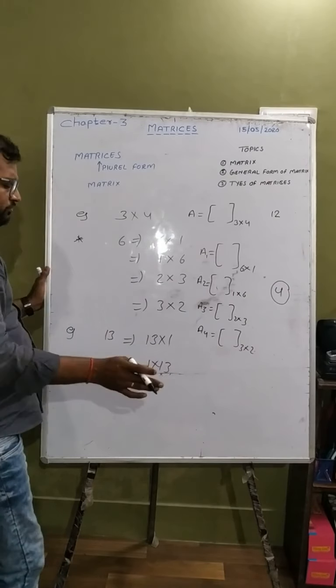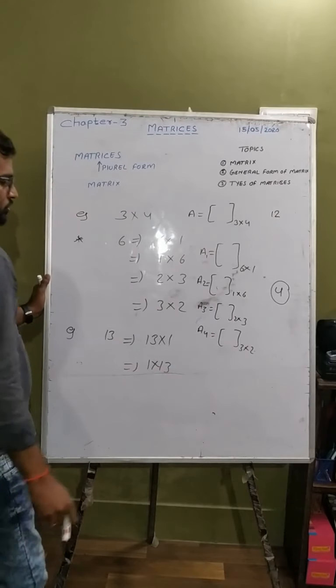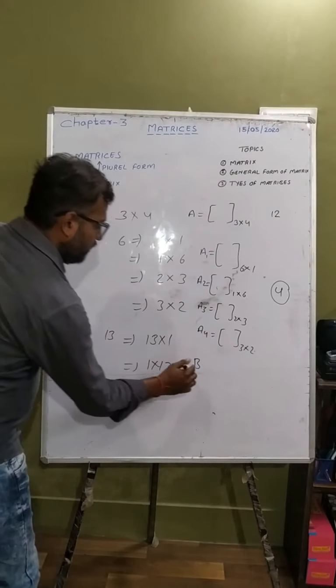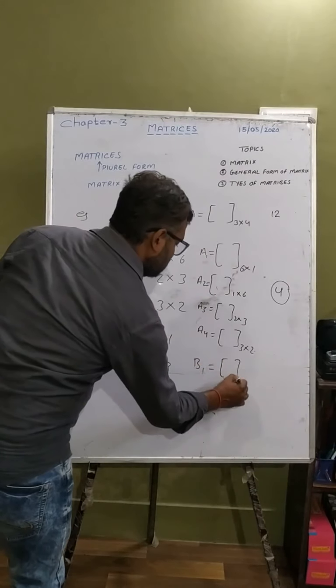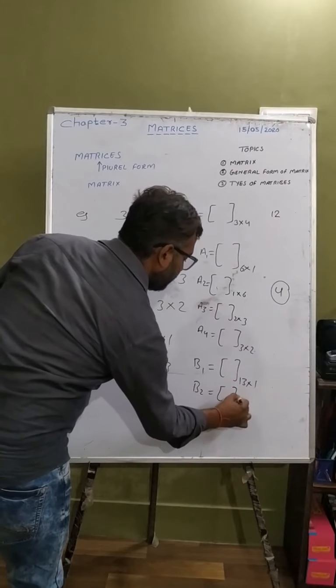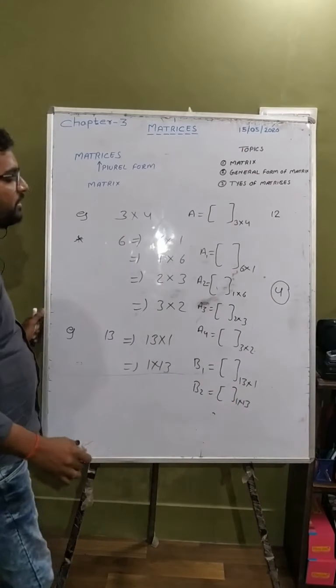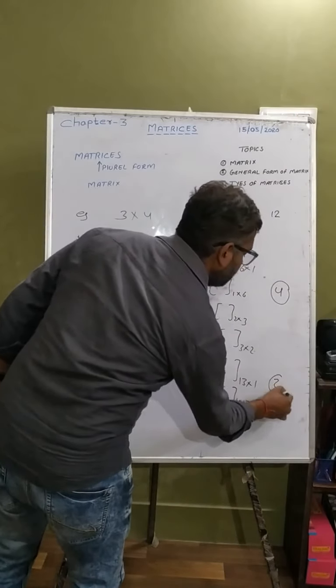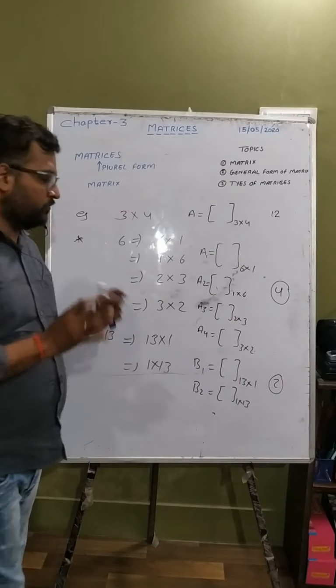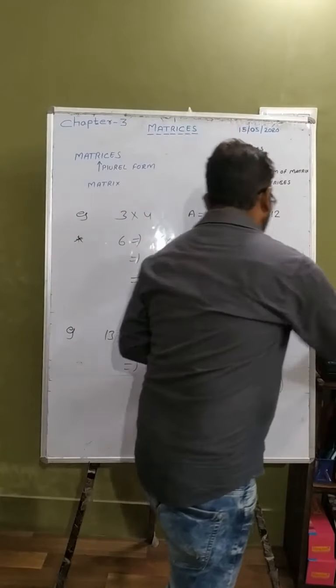There is no other way to write 13 as a product of two numbers. So B1 is 13 by 1, and B2 is 1 by 13. How many possible matrices can be formed? Two possible matrices can be formed. I think everything is clear to you. Okay.